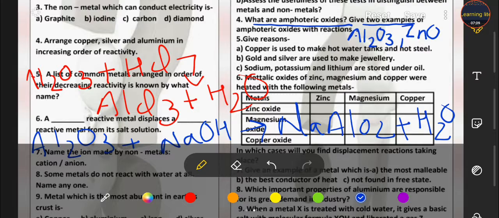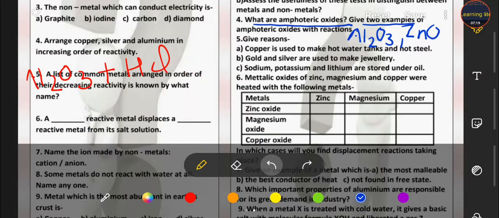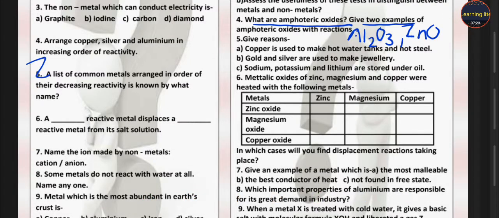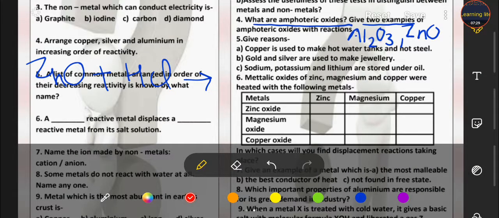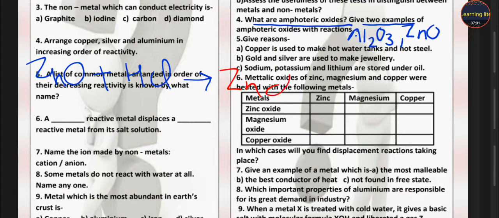In the similar way, we have to write the equation of zinc oxide, that is also an amphoteric oxide. Note it. Now we write the reaction of zinc oxide. When zinc oxide students reacts with the acid, it gives zinc chloride plus water.